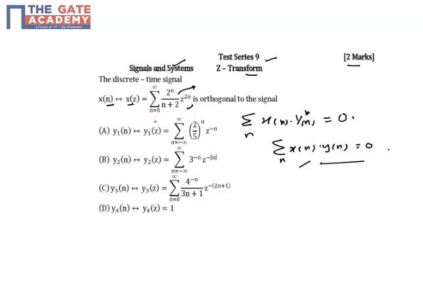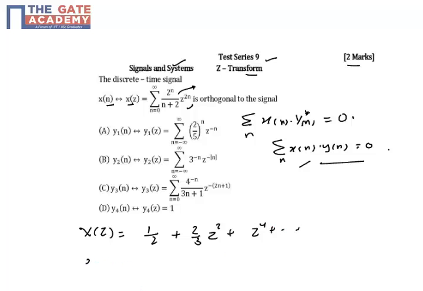So if we look at our X(z), and vary the value of n, for n equal to 0, it will be half. For n equal to 1, it will be 2 by 3 z square, and then z to the power 4, and then so on.